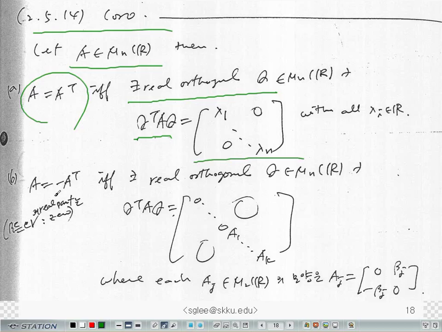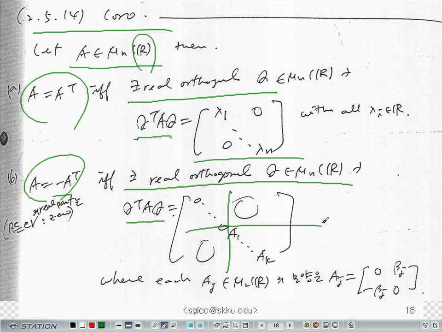Section 3. If A is skew Hermitian, that is, a real skew symmetric matrix, then there exists a real orthogonal matrix Q such that Q transpose A Q is written this way. Here, for a real symmetric matrix, all eigenvalues are real. But here it is a skew symmetric matrix, so all the eigenvalues are either zeros or complex. So all zeros are here and all complexes.